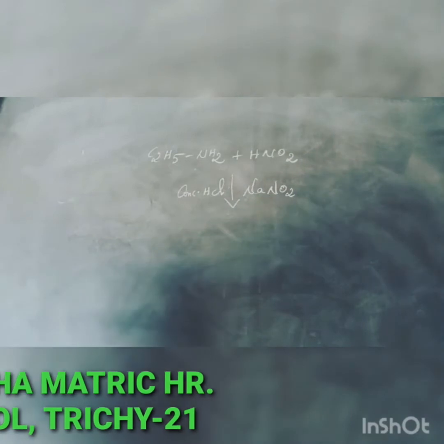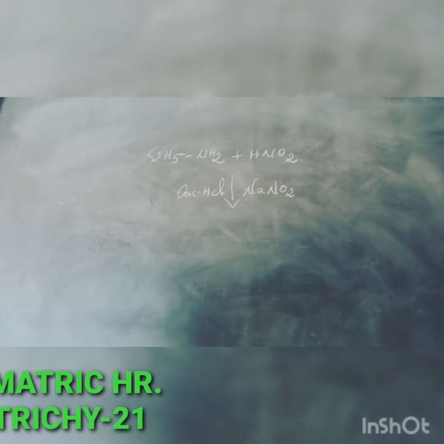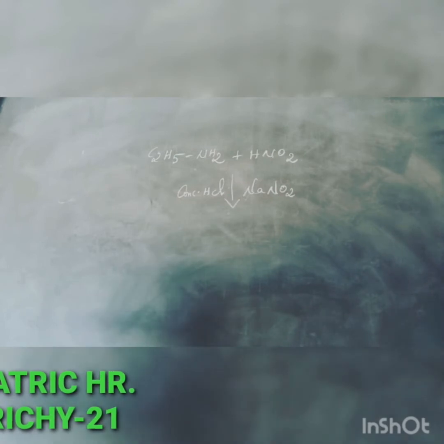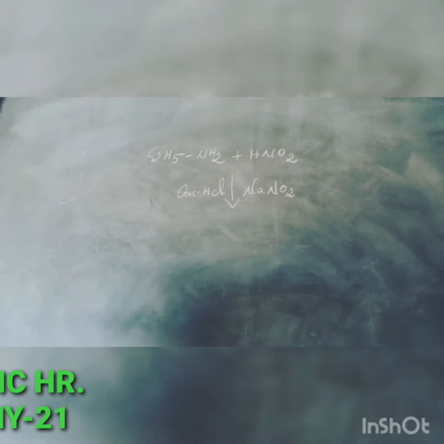HCl. So what is formed here? An unstable compound, ethyl diazonium chloride, C2H5N2+Cl-.